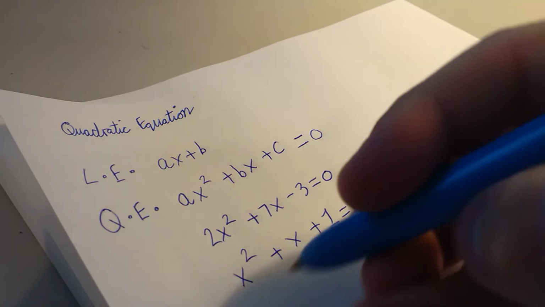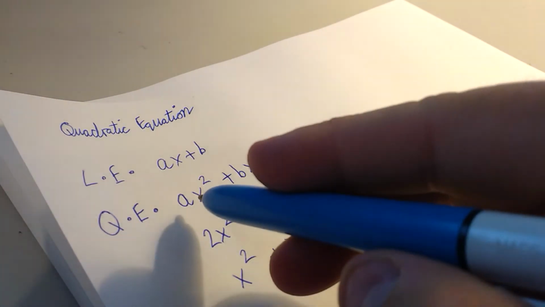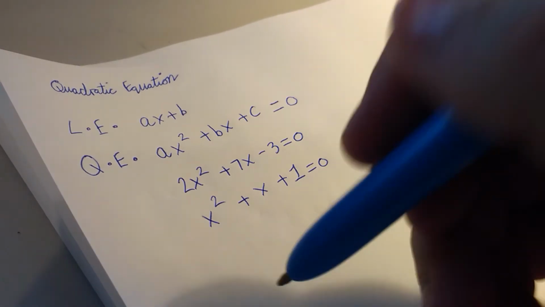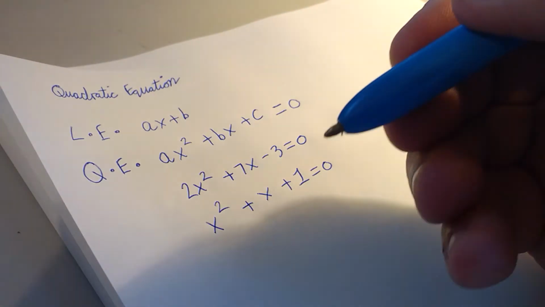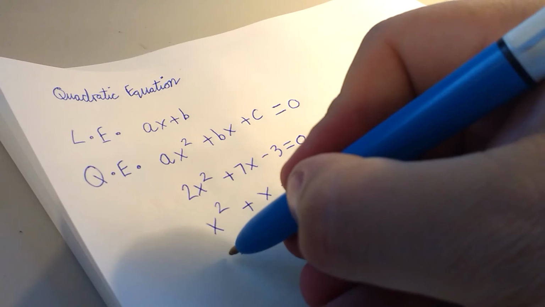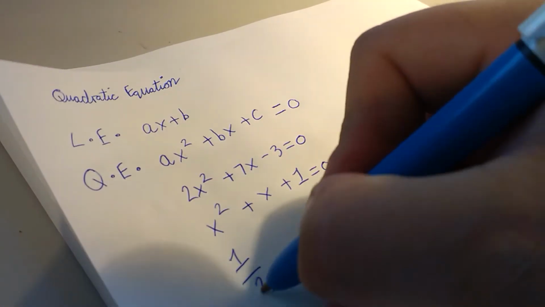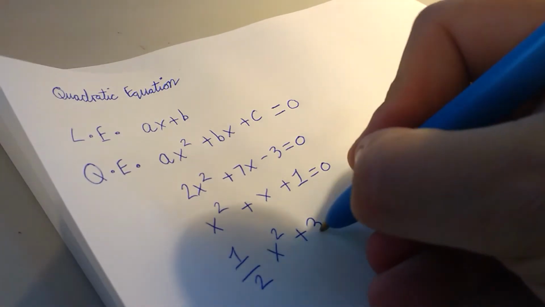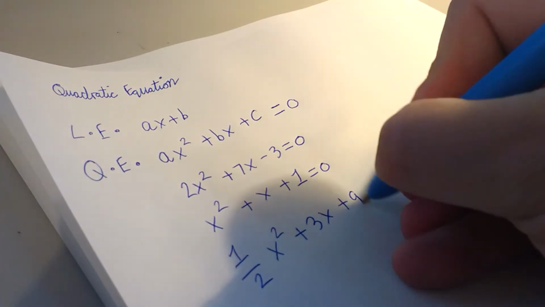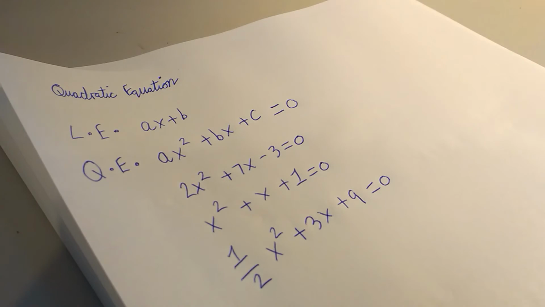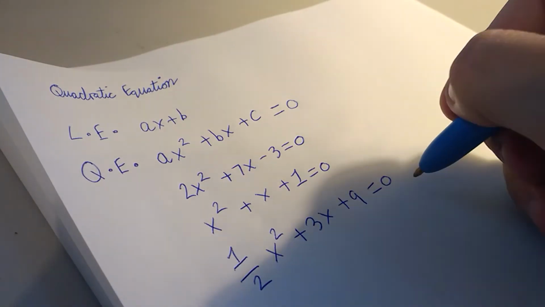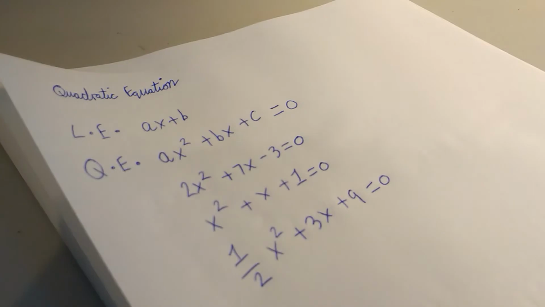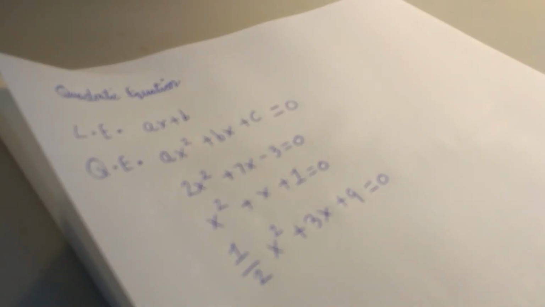Just to show you as well that the multiplier of x squared here can also be a fraction, because it is a number. So we could have a half x squared plus 3x plus 9 equals 0. And that's classed as a quadratic equation as well.